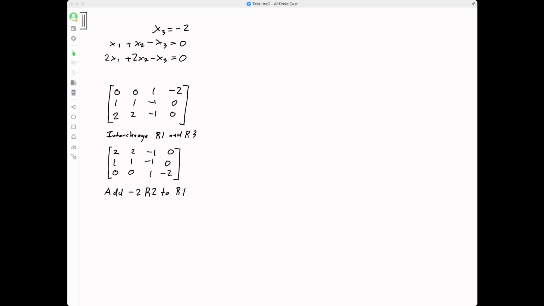So adding that is going to give me, well, 2 plus a negative 2 times 1 is 0. 2 plus a negative 2 times 1 is 0. Negative 1 plus a negative 2 times 1 is 1. And 2 times 0 plus 0 is 0. And the second row stays the same. And the third row stays the same.